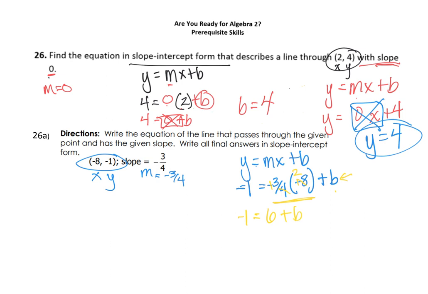I'm not done isolating b. I need to get this b by itself, so we need to subtract 6 over. Hopefully as I go throughout these videos, my handwriting will get better. I'm not there yet. -1 minus 6 is -7. We're saying that equals b. This is the piece that I was looking for.